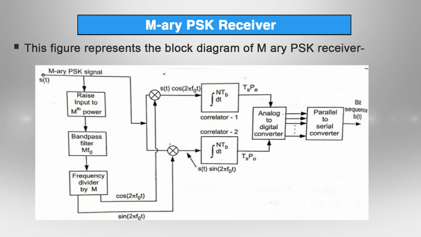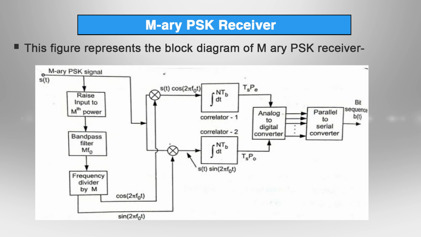Now, this frequency is divided by m to obtain the carrier frequency f c, then 2 carriers are produced at the output, which are cos 2 pi f c t and sin 2 pi f c t. In this way, the carrier frequency is generated at the receiver side, and this is the same carrier which was used at the transmitter side. Therefore, this type of receiver is called a coherent receiver.